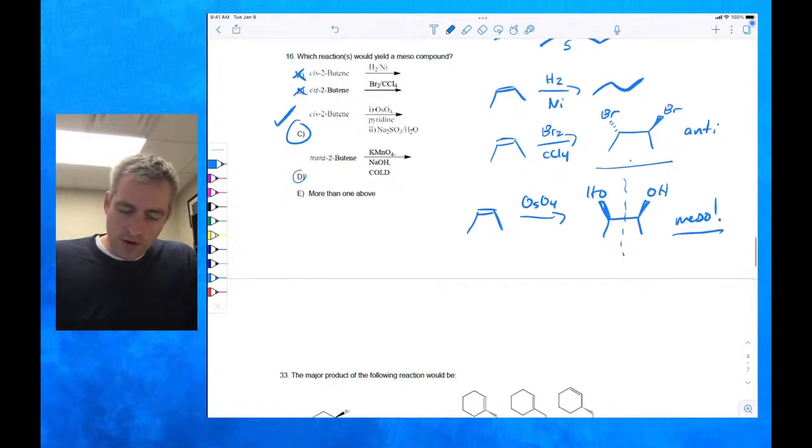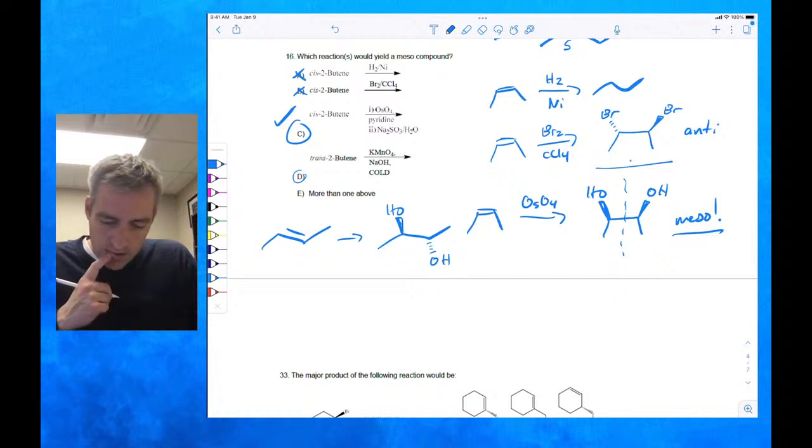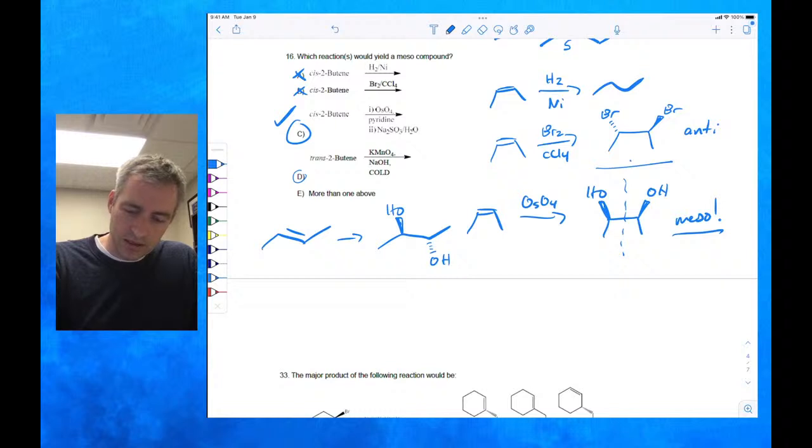The other one says trans-2-butene with KMnO4, and it's cold. So this will give you one in front and one in back. No. This is syn. Both in front.